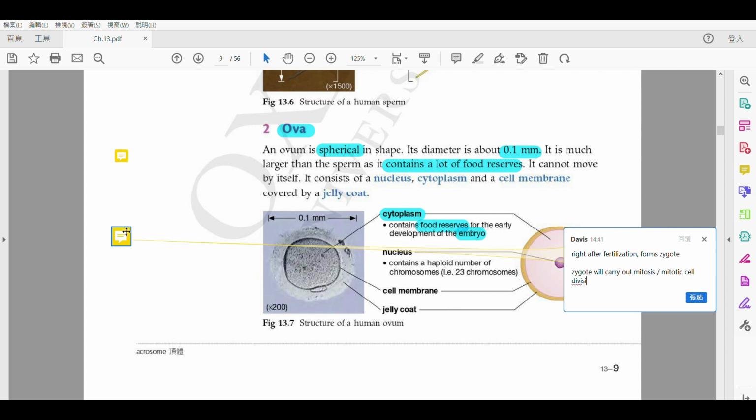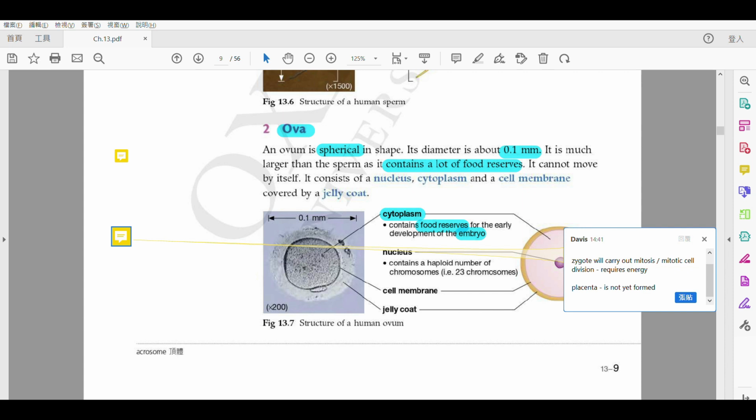And cell division requires energy, right? But at this moment, the placenta, you will learn this structure later, the placenta, 胎盤, is not yet formed.